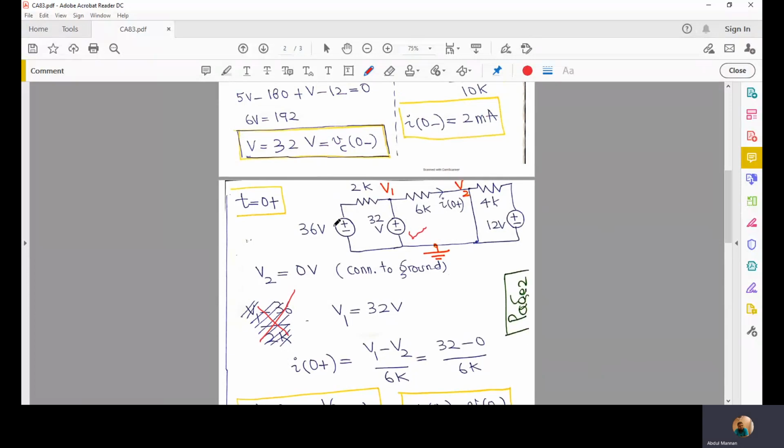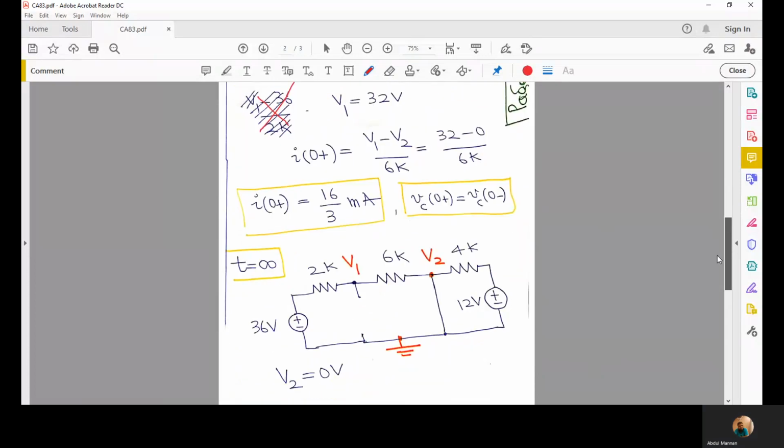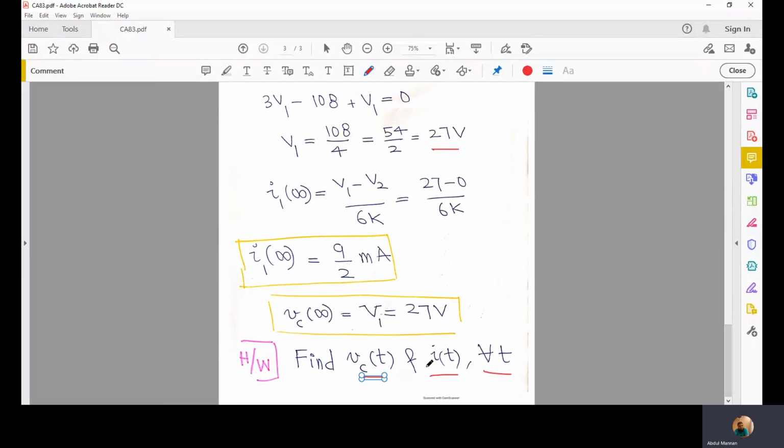That will result in a differential equation like we have been doing in our previous lectures, and then we will have to solve that differential equation, which will give you Vc of t.